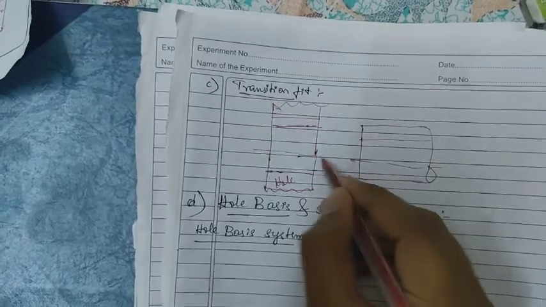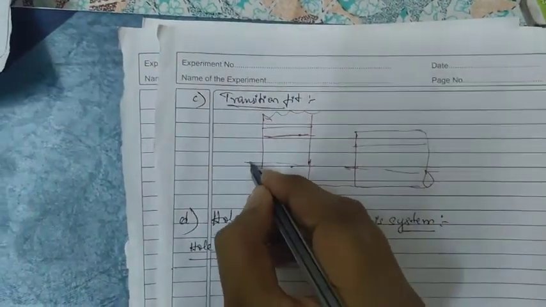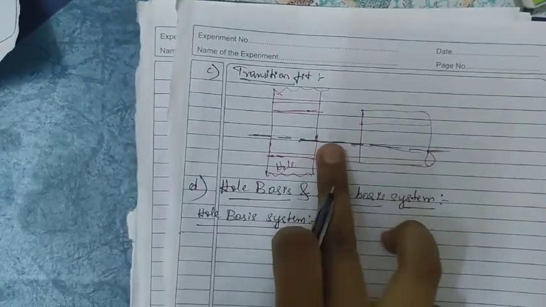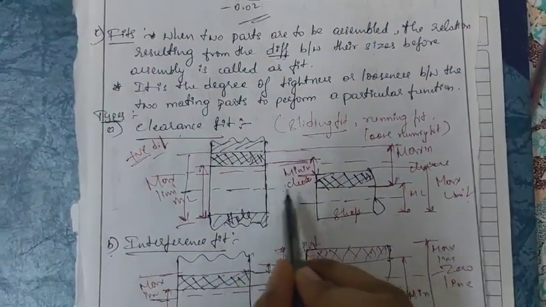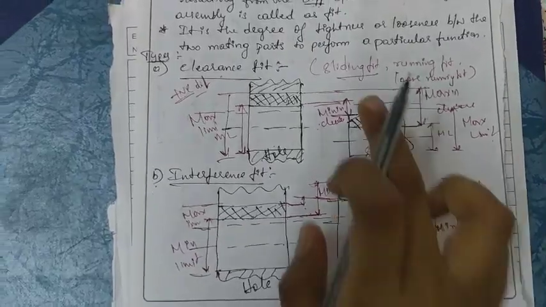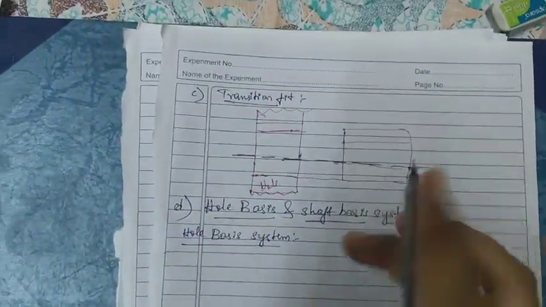You have to understand that both the center of the hole and the shaft should be on the same line in the transition fit. Previously we made a center here and here and above this one. So this was the negative difference, this was the positive difference, but in the transition fit both the centers are in the same direction.